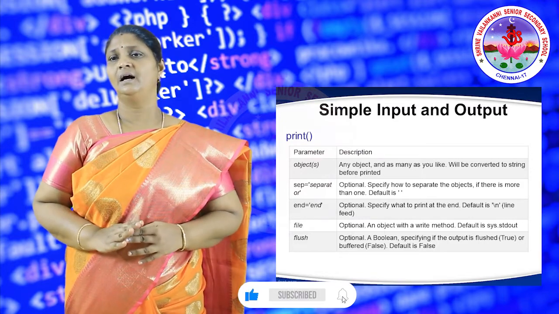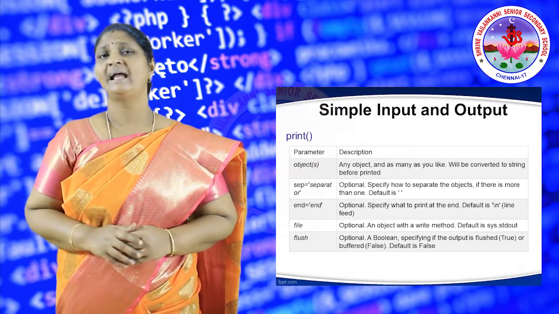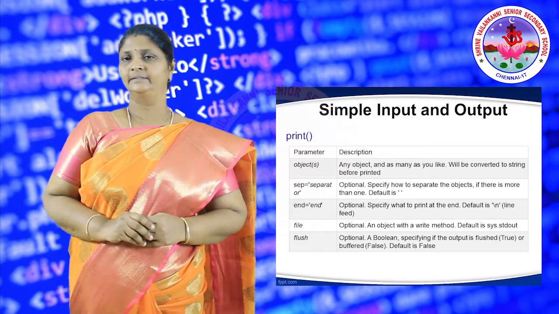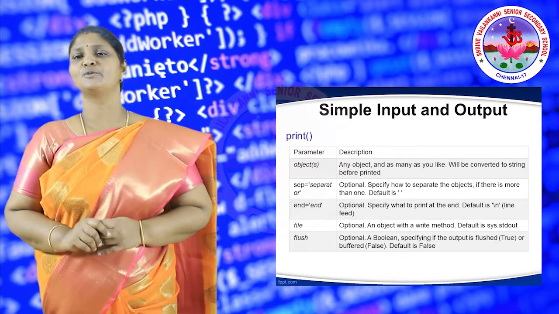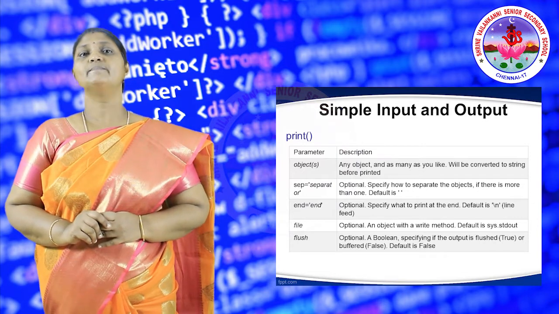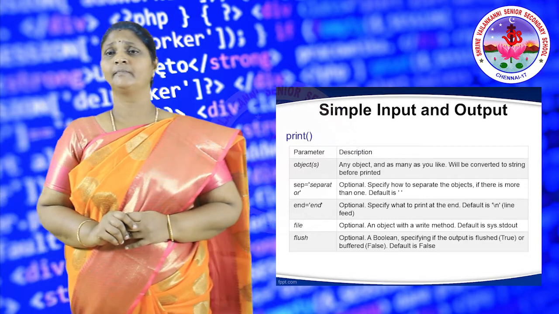This one is optional. If there is more than one output to be printed, by default it is space. End is also optional, and specifies what to print at the end. Default is \n, which is a new line character.